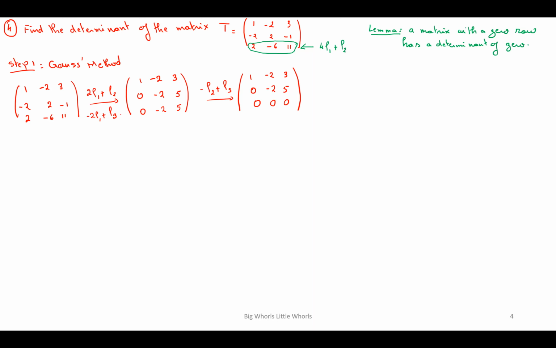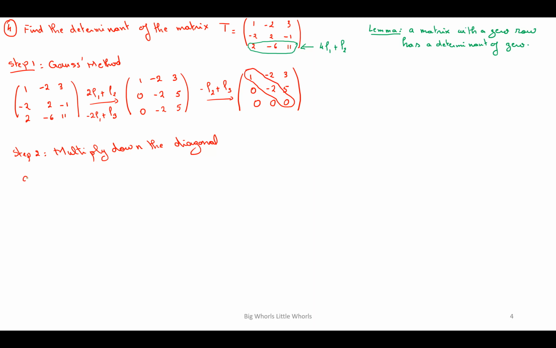So now step 2 is to multiply down the diagonal. So here is our diagonal.